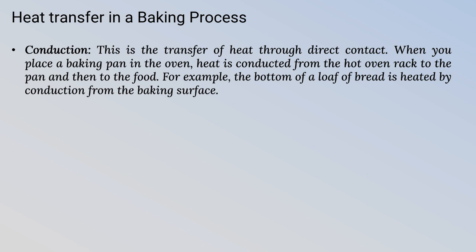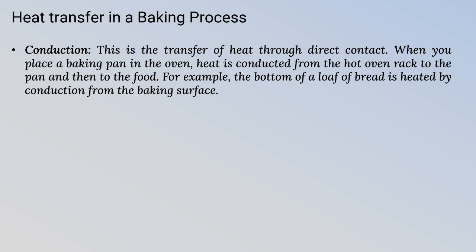So what we are saying here is that through the conduction process heat is also cooking the food in the baking process, especially when we put something in a baking tin or container and put it on the rack. Firstly the rack is getting heated, and when that baking container is kept on the rack, that is also getting heated through conduction, and from that source the heat is penetrating inside the food material, and that's how the conduction process is helping in baking the product inside.